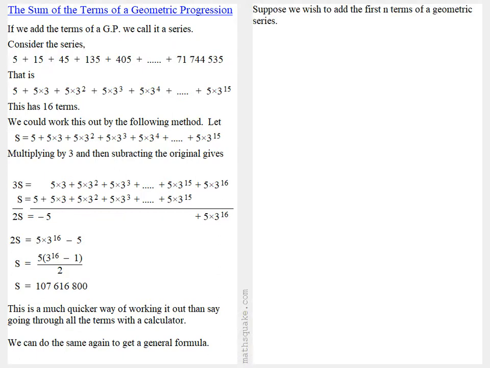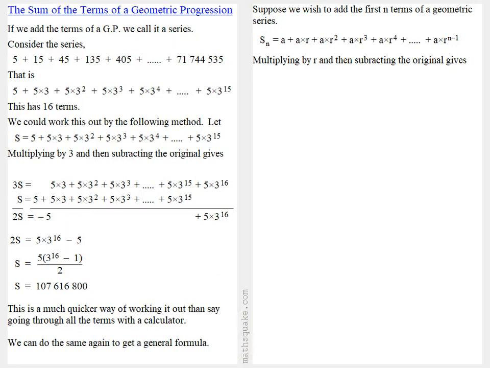Suppose we wish to add the first n terms of a geometric series. Sn is equal to a + ar + ar² + ar³ and so on up to a times r to the power n minus 1. Now we can multiply by r all the way through and then subtract the original.